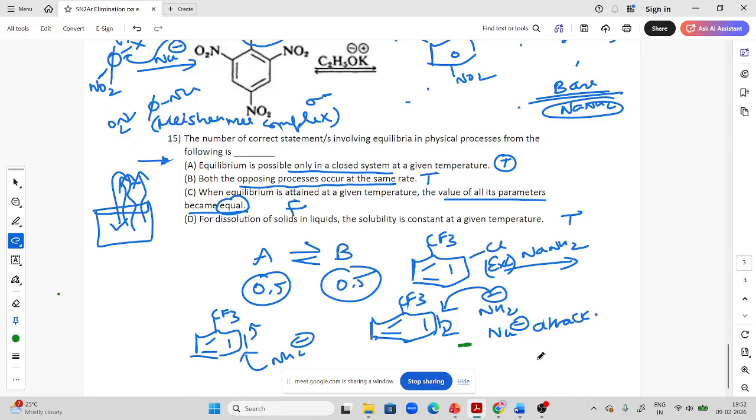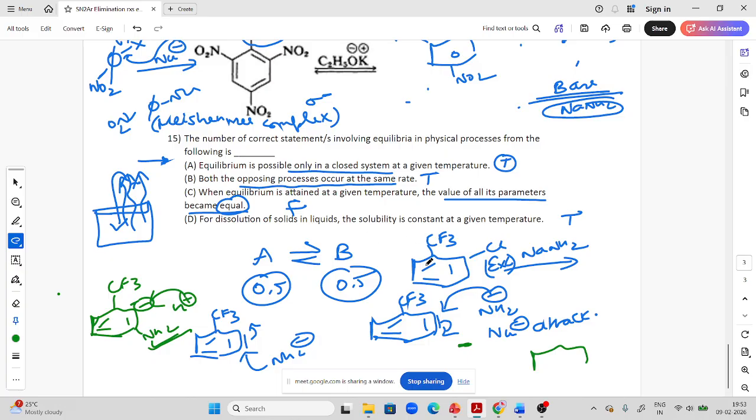Correct, very good. Why is that? Because CF3 is a strong electron withdrawing group. It creates an electron deficiency, so it can easily pull the electron. So if I push it, I create a negative charge here, which will be stabilized by this CF3. Now H plus would attack this so that they get electrically nullified.